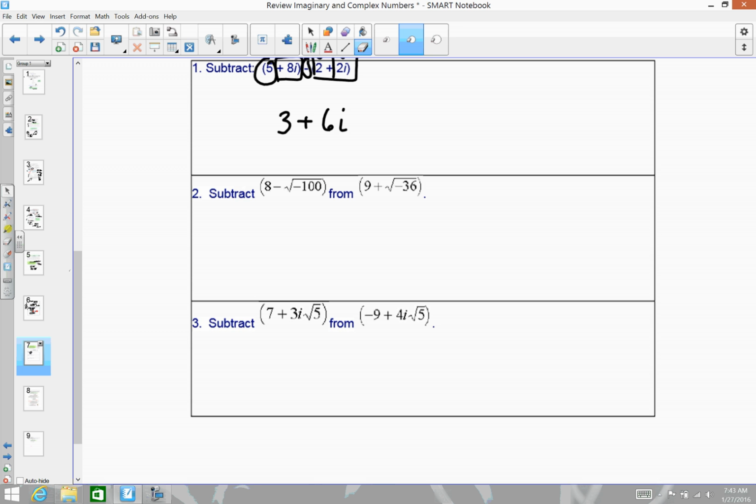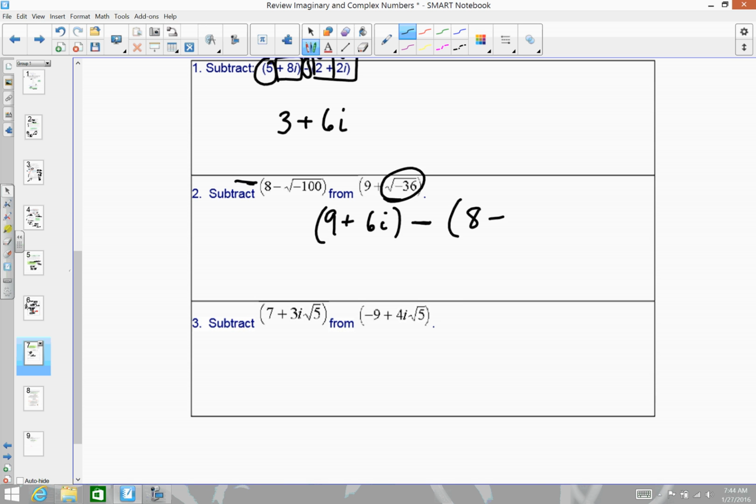For this next example, I've got 8 and oh wait a minute here, I'm subtracting this first complex number from the second. So what I have here then is, I'm going to write this now as an equation. I'm starting with 9 plus, I'm going to simplify this to be 6i, and I'm subtracting this 8 minus, and I'm going to change my radical negative 100 to 10i, and remember to distribute my minus sign here.